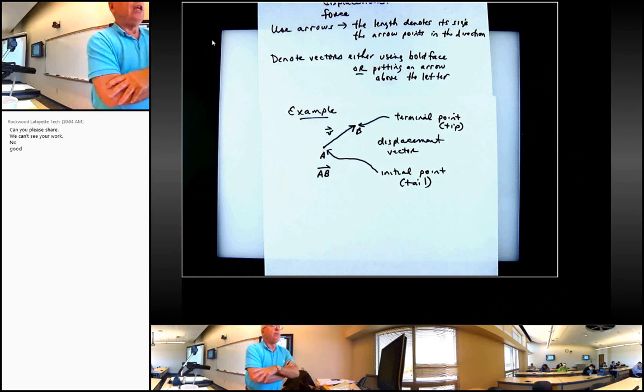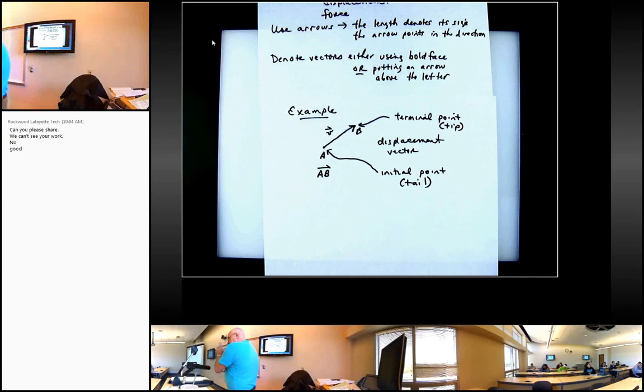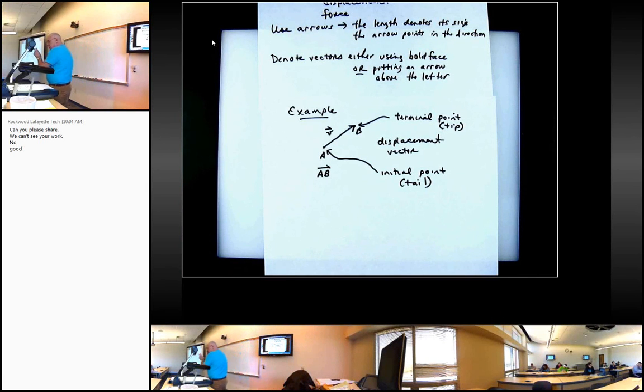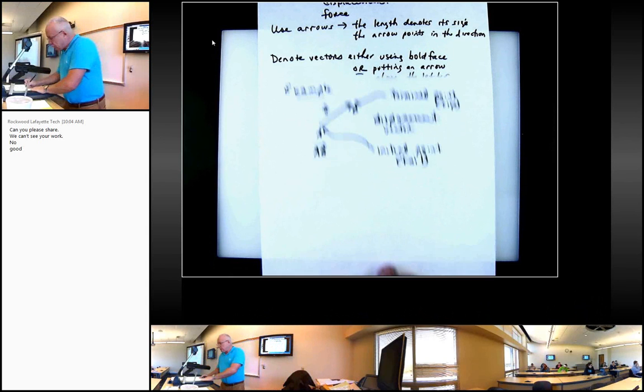Now, vectors just have size and direction. So if the size of two vectors and their direction are equal, then the vectors are equal. Okay? So let's just put this down here.